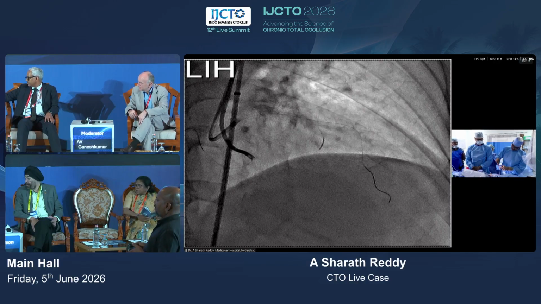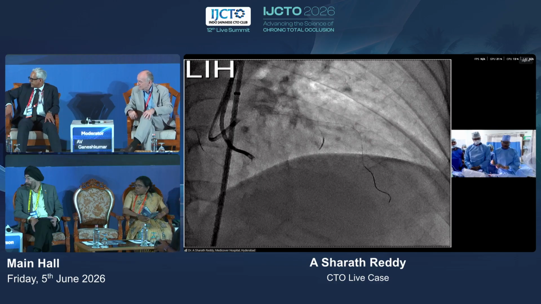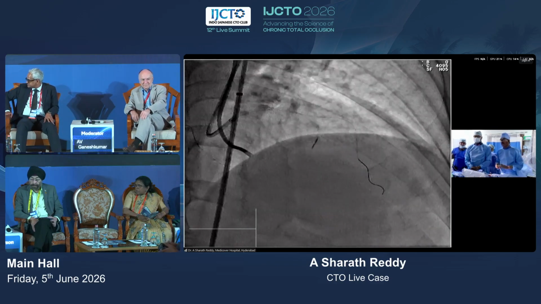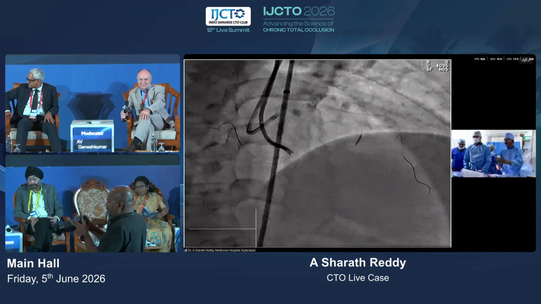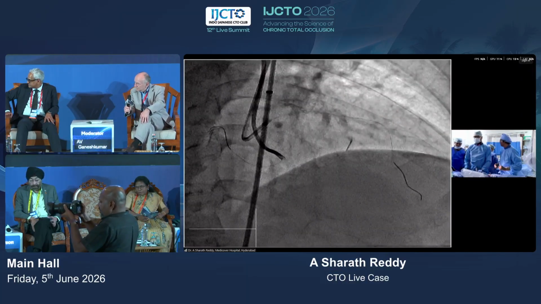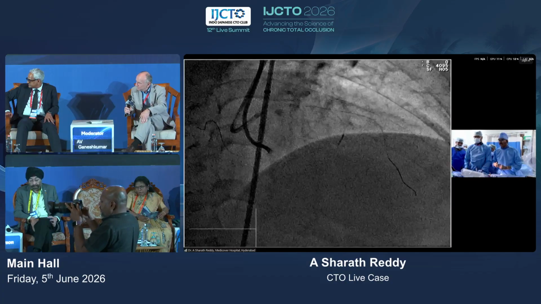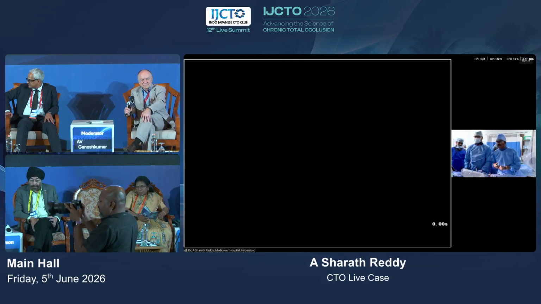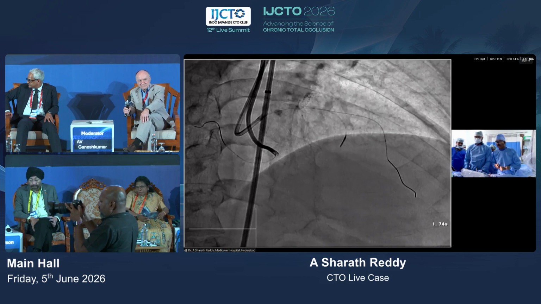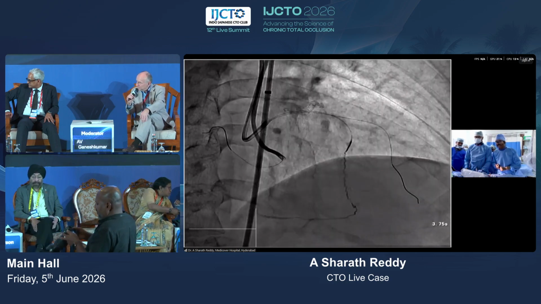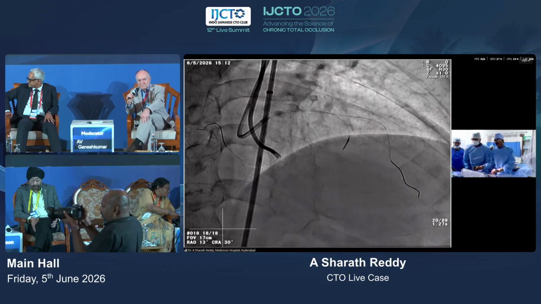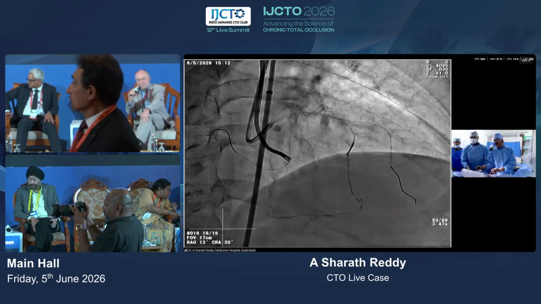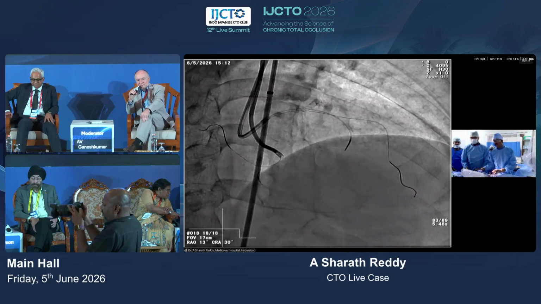Antegrade first, I agree too. Doing and preparing the antegrade is very important, even in a retrograde approach. So I would initially try antegrade with IVUS guide. I would like to evaluate the proximal cap with an IVUS. It may not be successful, but at least I want to see the proximal cap with an intravascular image.